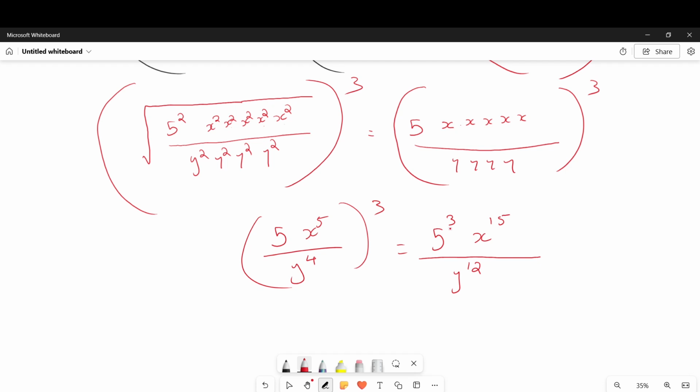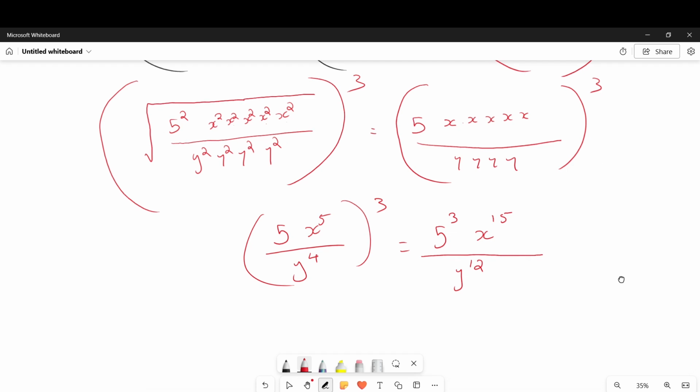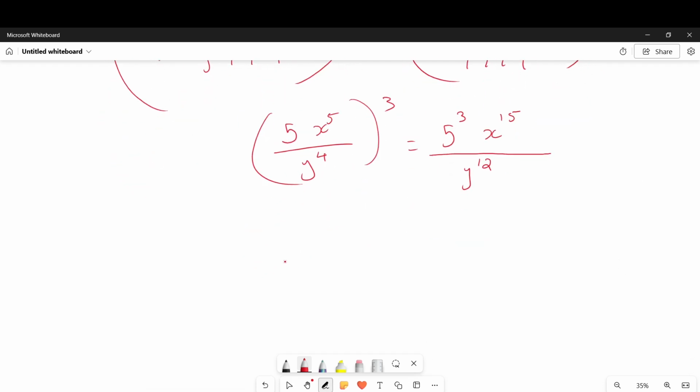You can write it as it is, but there is a value for 5 cubed: 5 to the power 3 is 125. So our final answer is 125 x to the power 15 divided by y to the power 12. That's it. There is no more simplification possible from this stage, so this is our final answer.